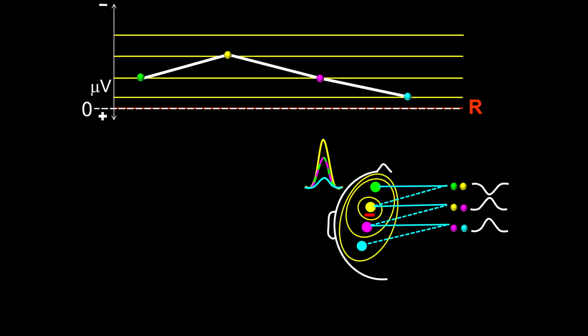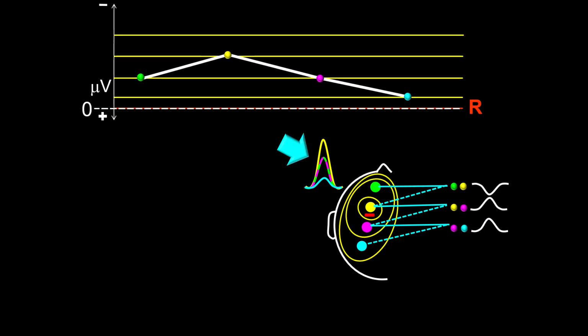On the left side, you can see an isopotential map depicting the electrode arrangement and the field corresponding to the voltage graph. You can also see that a bipolar arrangement of the electrodes has been placed, with their corresponding wave pattern.